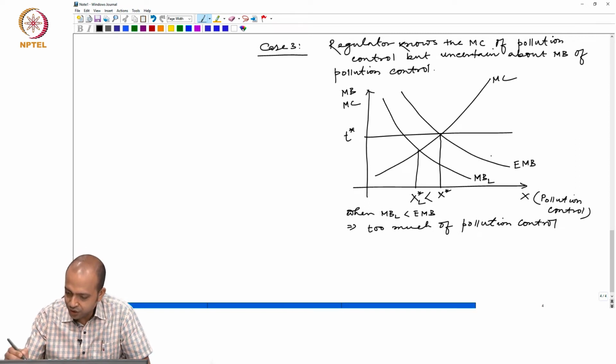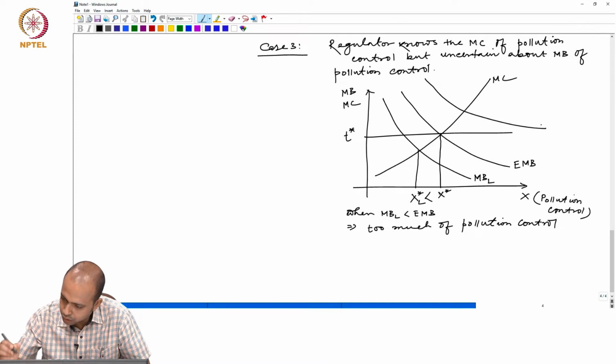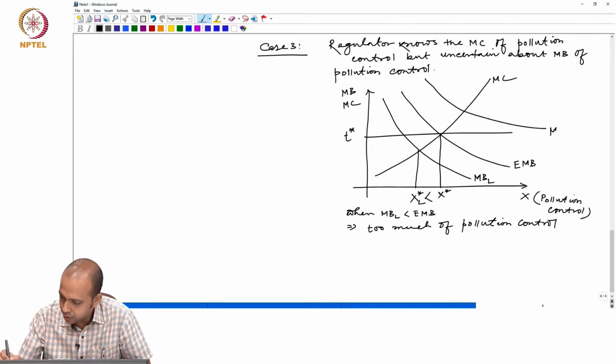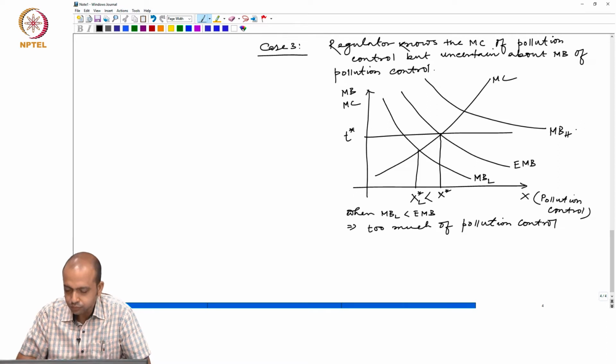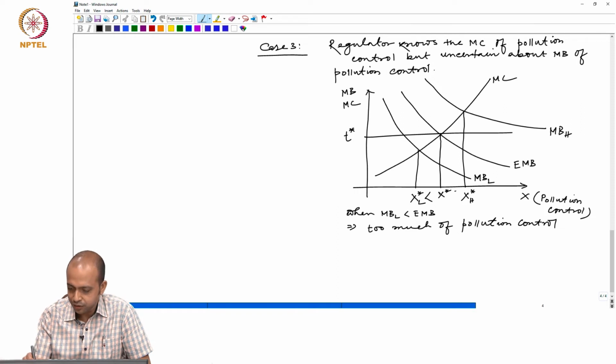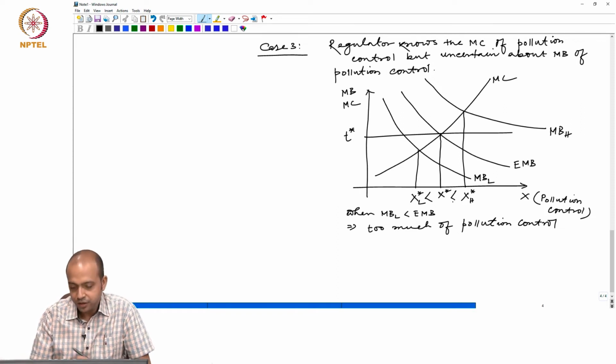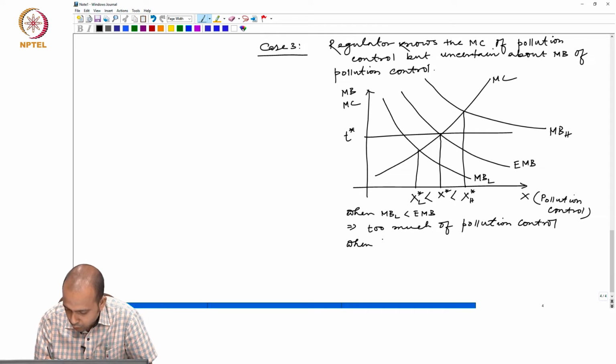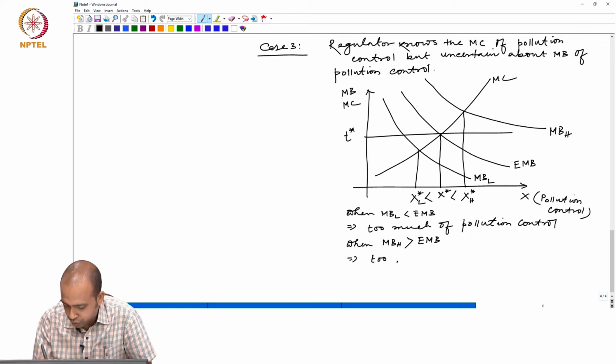Similarly, if the marginal benefit is higher, this is let us say MBH. So, society wants this much of pollution control, but private player is supplying here, right. So, that means when MBH marginal benefit is actually higher than the expected marginal benefit, then too less of pollution control.